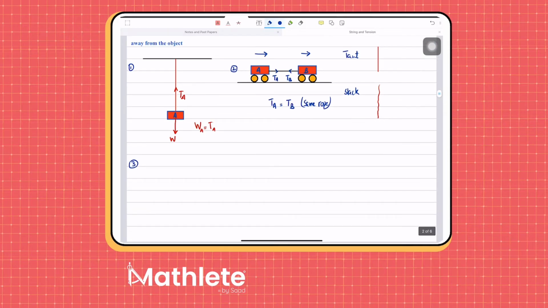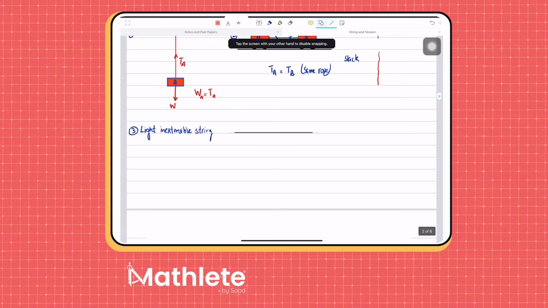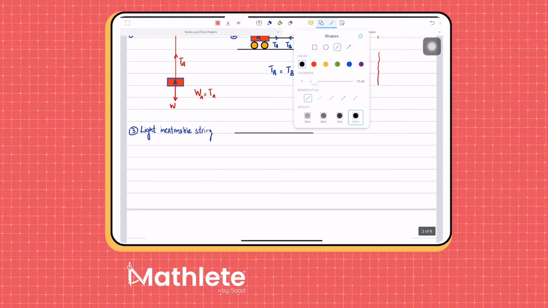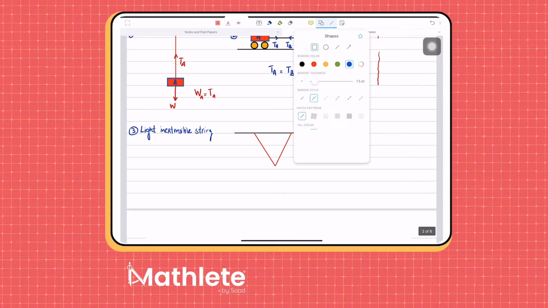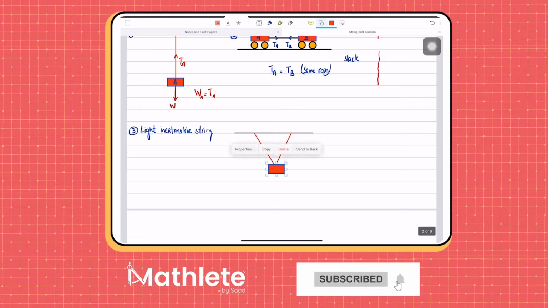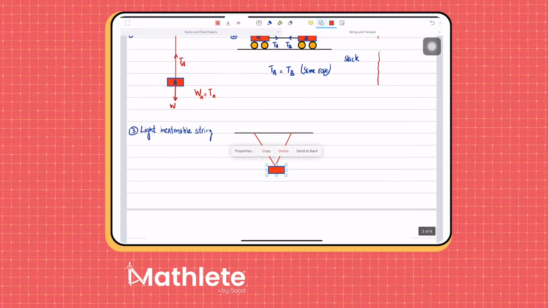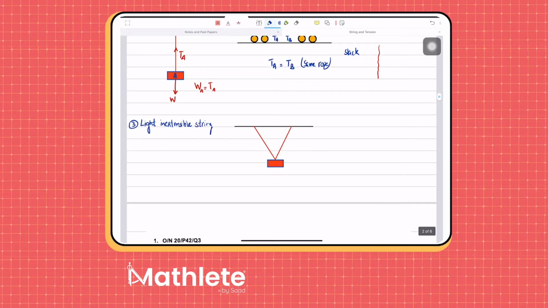Then you will come across questions which use the term light inextensible string. You have a beam, and from this beam you have two different strings supporting an object with a certain mass. Now the tension gets divided.